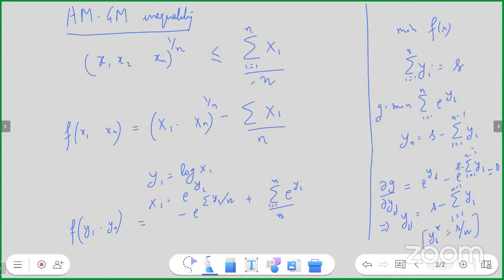Okay, so what is the punchline? Whatever I achieved by doing this, its summation of yi is some number always. What is it telling me? That whatever that s is, this quantity is minimized when each y is s by n. What does it mean for my function f here?